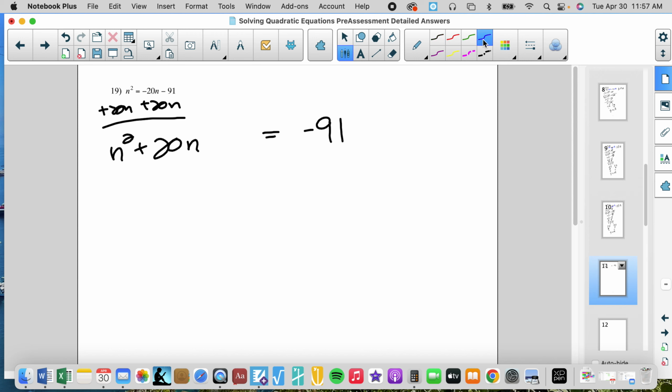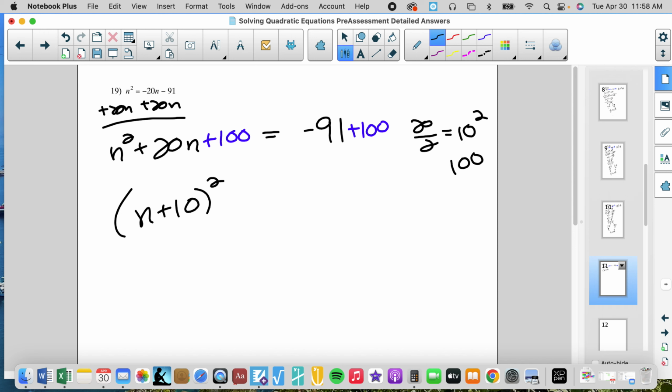We're going to take half of 20 and square it, which is 100. So we'll add 100 to both sides. That gives me n plus 10 quantity squared equals 9.